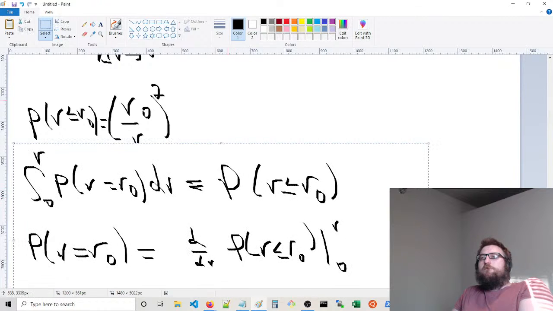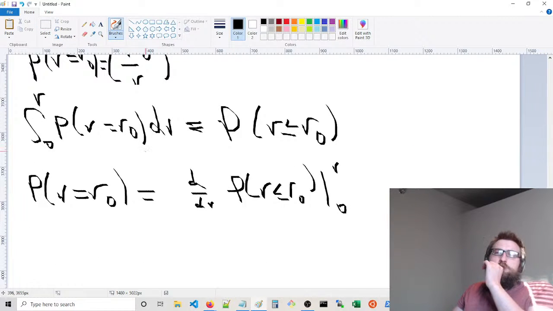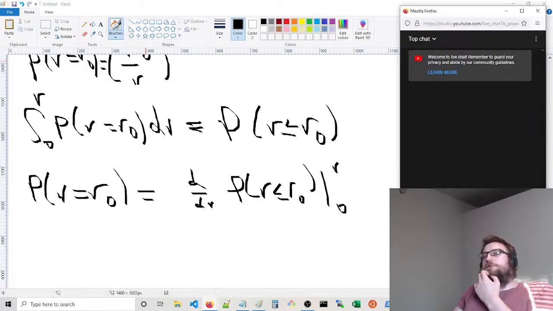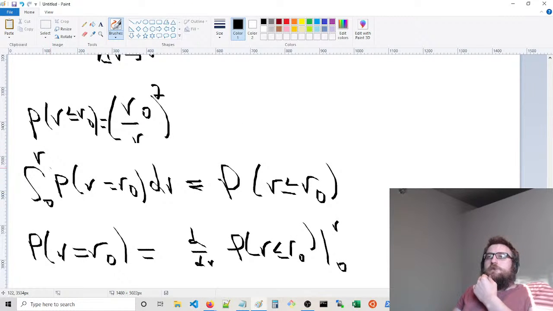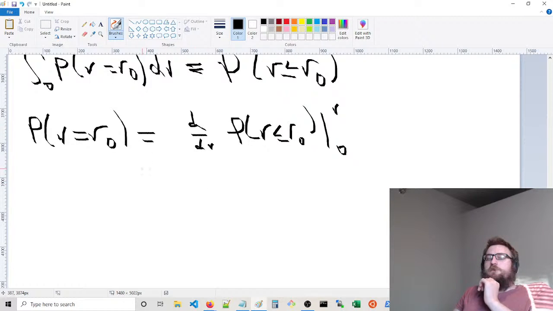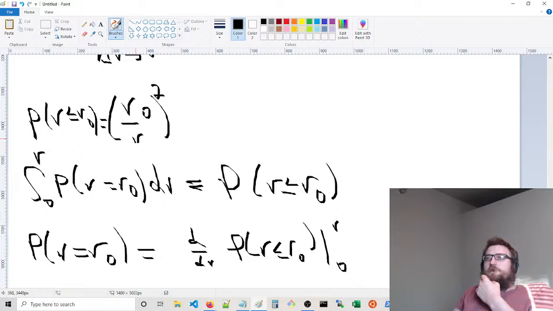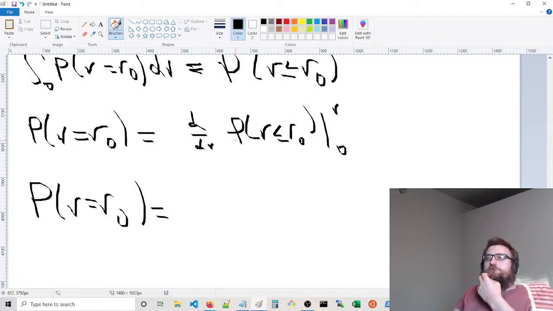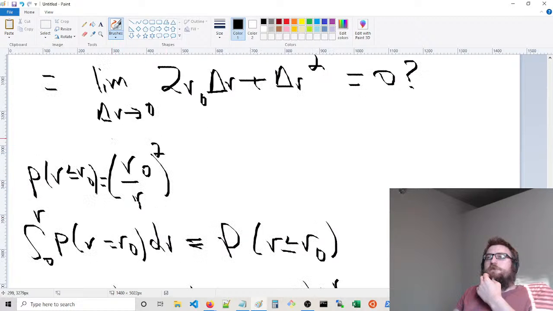The cumulative probability function is the sum of all of the infinitesimal slices of probability for each increasing radius. So that probability function is r less than or equal to r sub 0. We're suggesting this r equals r sub 0 is r sub 0 over r squared, which is to say that if you take that derivative, r sub 0 is a constant, right?